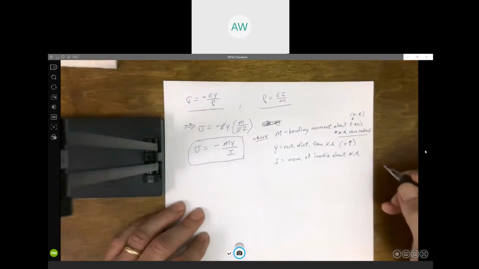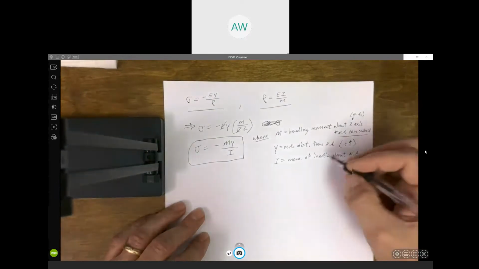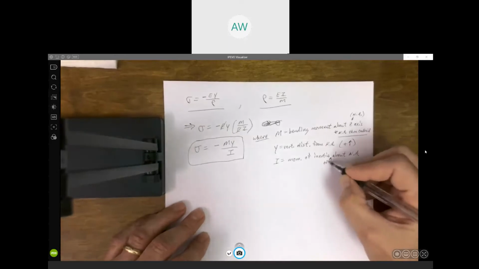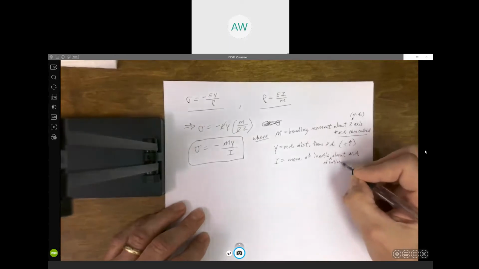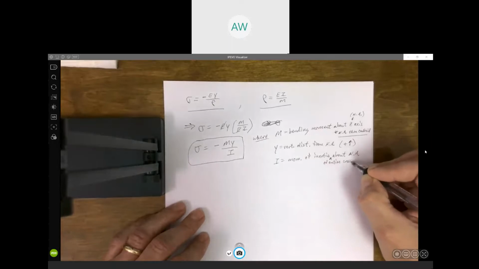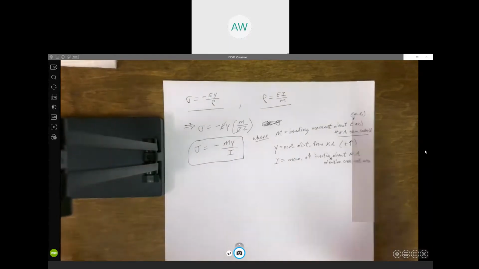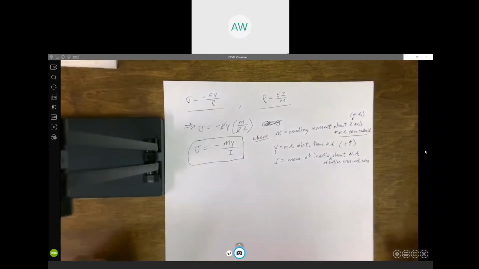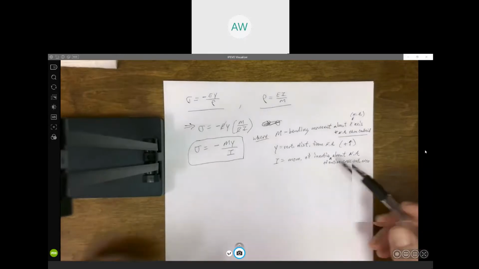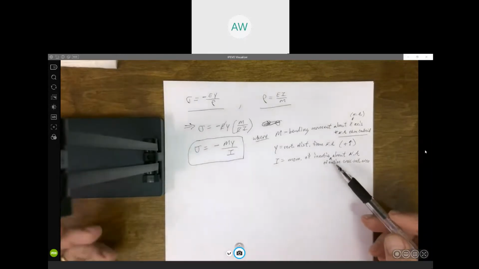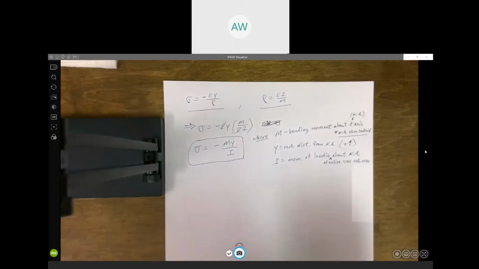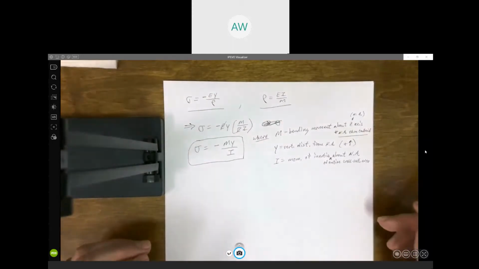And again, it's the moment of inertia, I should add, of the entire cross-sectional area. So whatever that cross-section looks like, now here's where the cross-section matters, whether it's rectangular or circular or like an I-beam, what the cross-section looks like will have an effect on what the moment of inertia is. But it had no effect at all in us deriving this formula.